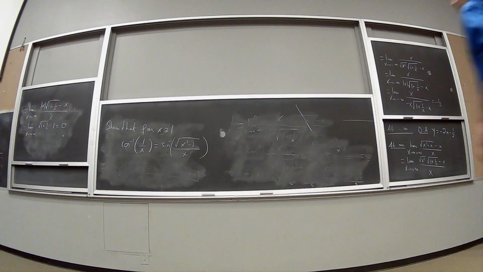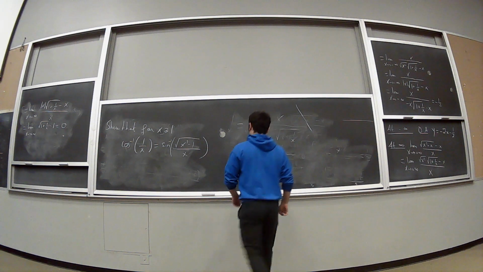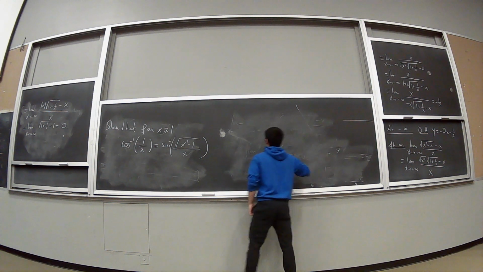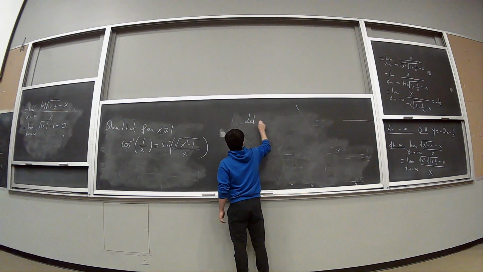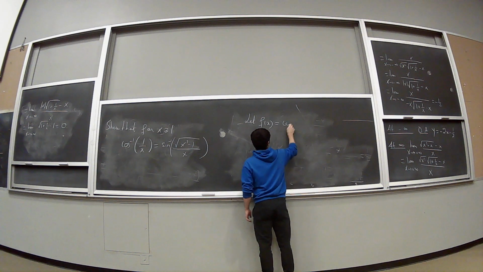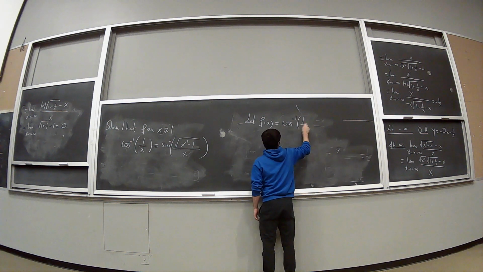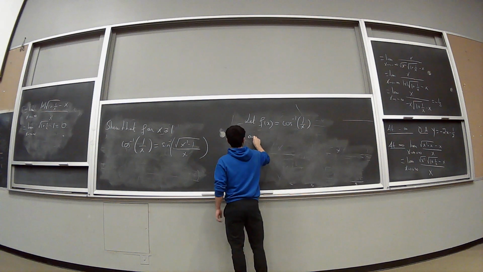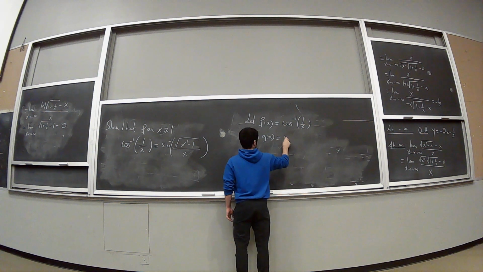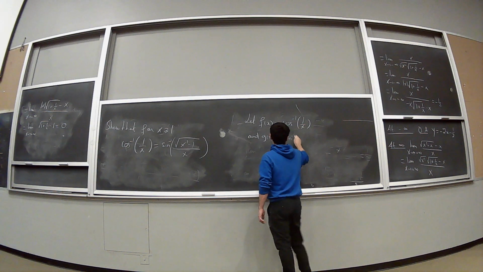So here, let f of x be equal to cos inverse of 1 over x, and g of x be equal to sine inverse of square root of x squared minus 1 over x.